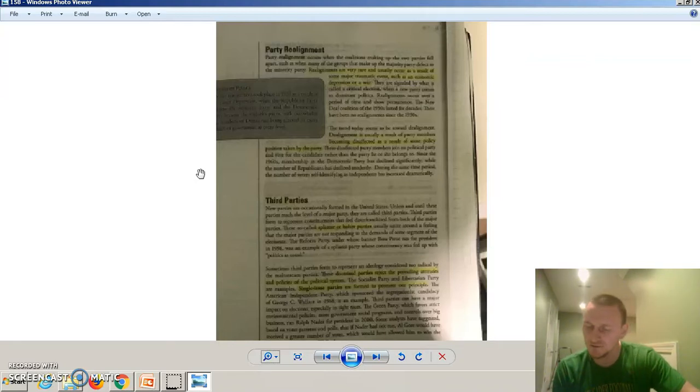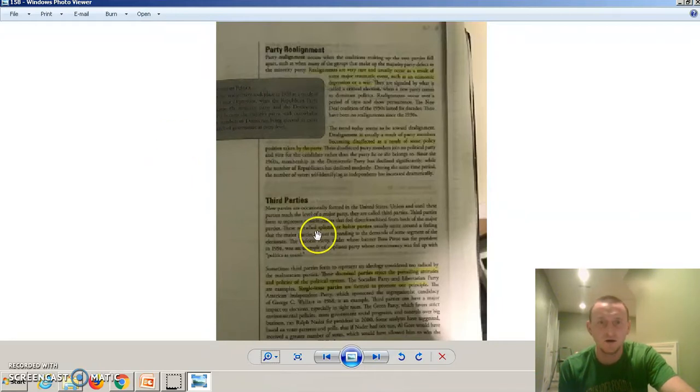It's usually a result of party members becoming disaffected as a result of some policy position taken by the party. De-alignment does not happen as much. It usually happens when there's a large catastrophe or something big, like the Great Depression. The parties de-aligned. Read this box in your notes. You'll have this handout. I'd put a star beside this.